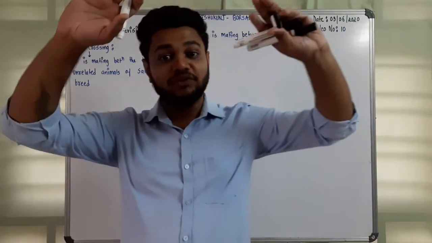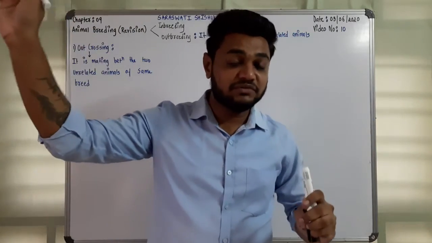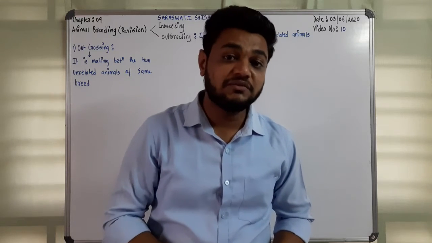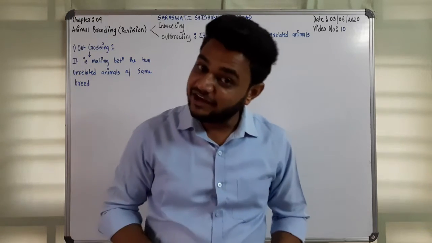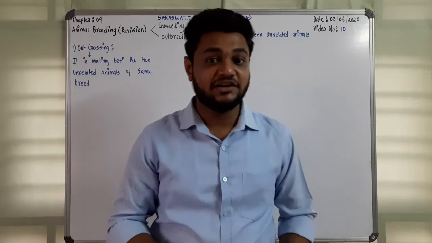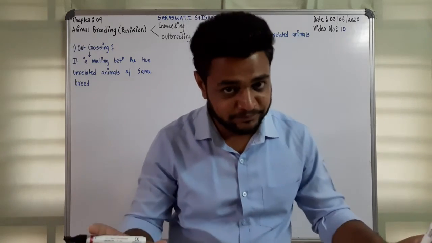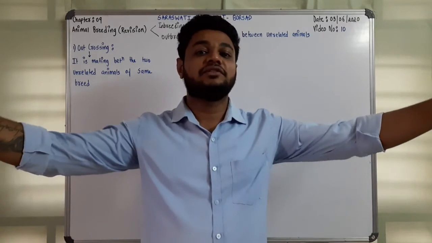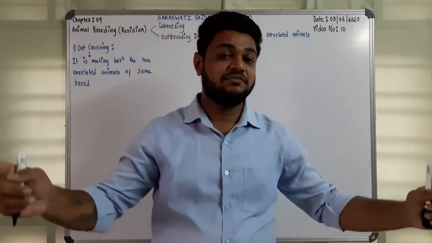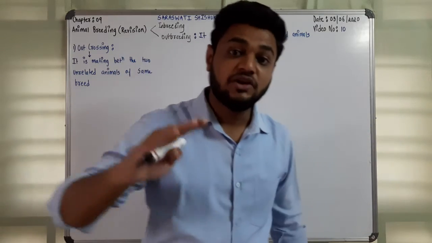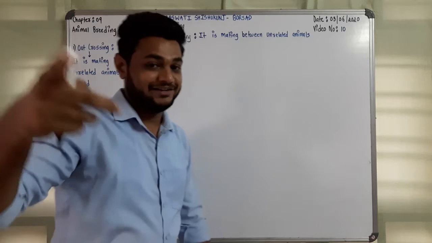In the previous topic, inbreeding, it was definitely related animals, but in this case it is unrelated, meaning we keep the breed the same but they have different ancestors. They are not connected up to 4 to 6 generations.